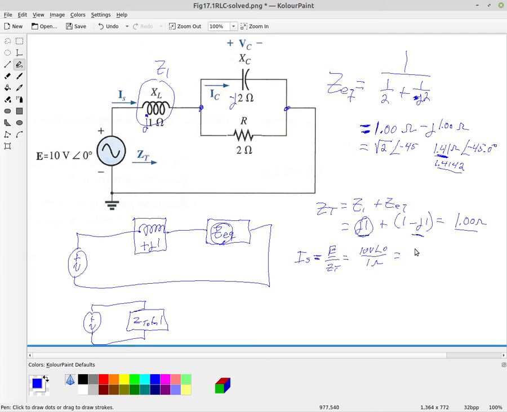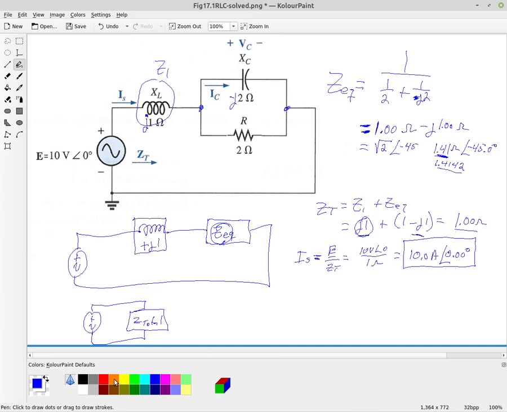And so our current I is going to be 10.0 amperes at an angle of 0 degrees. That's our total supply current. 10 amperes at an angle of 0.00 degrees.